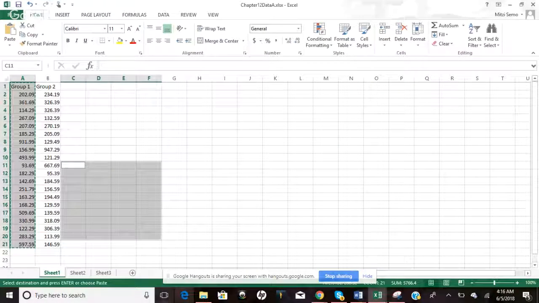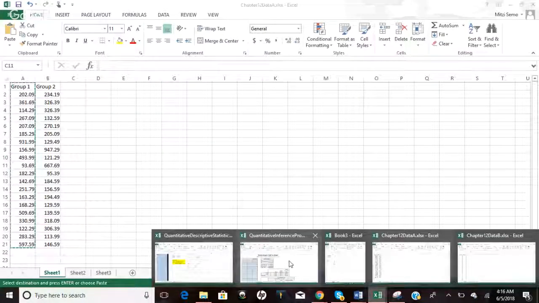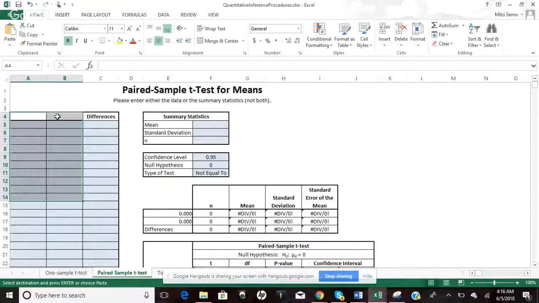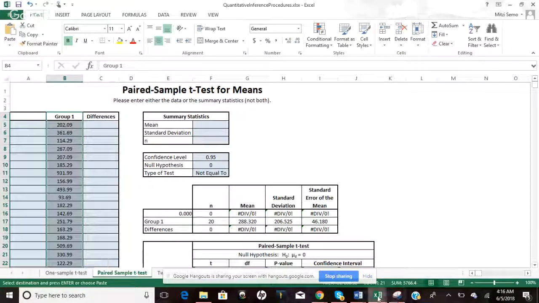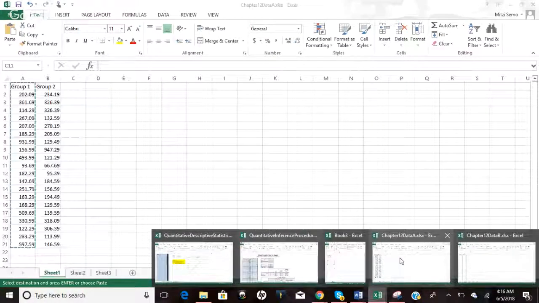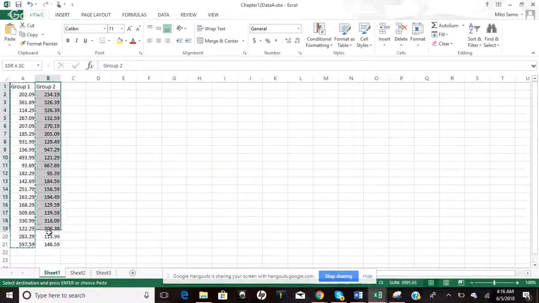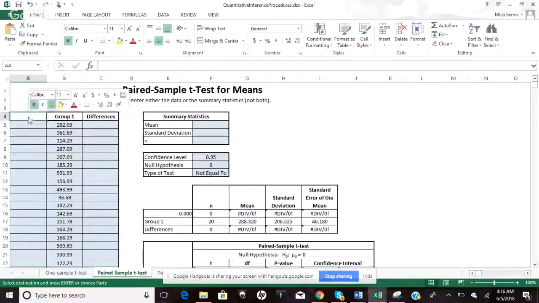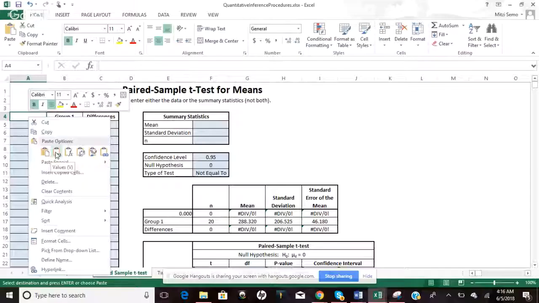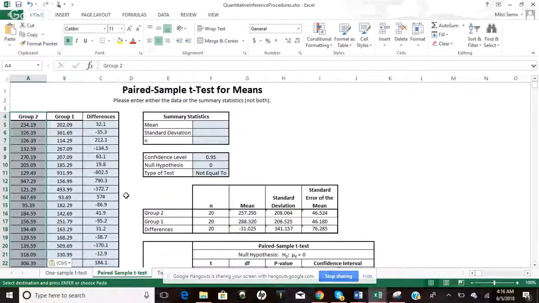Let's say group 1 is his pre and group 2 is his post, after. That's way different.